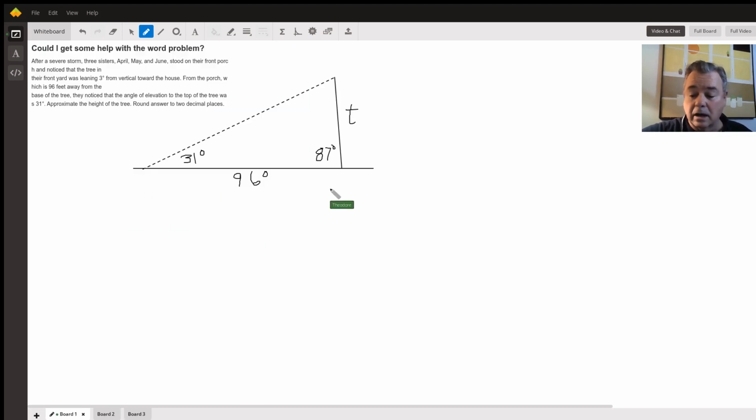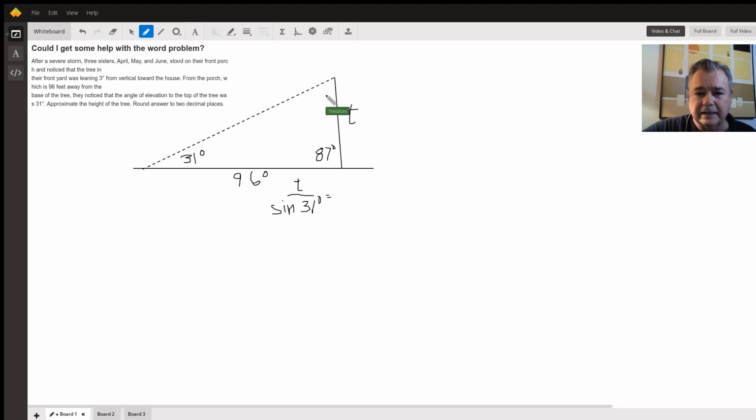So now we need to formulate this equation. And so we'll have t over what? The sine of 31 degrees.